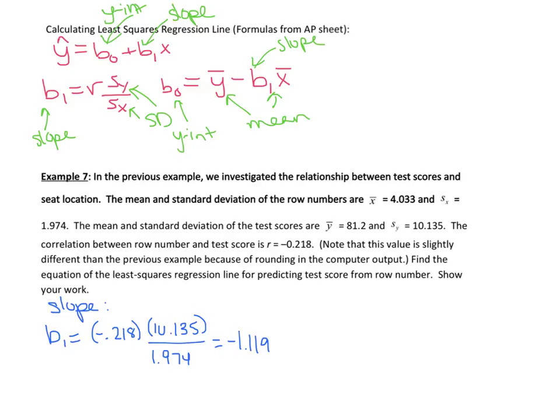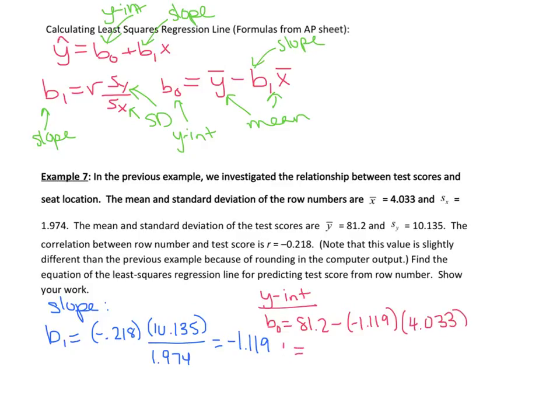So next thing we're going to do is find our y-intercept. And we're going to use the second formula that we have, b0 equals the mean of the y's, which is 81.2, minus our slope, which we just found, times the mean of the x's.